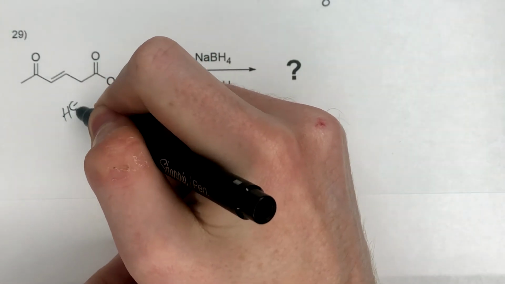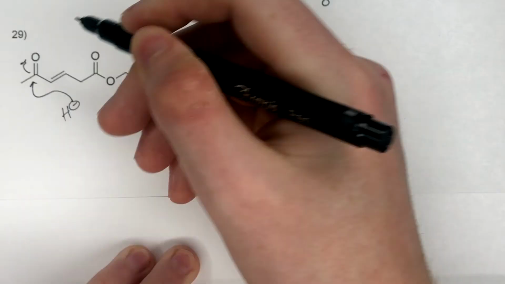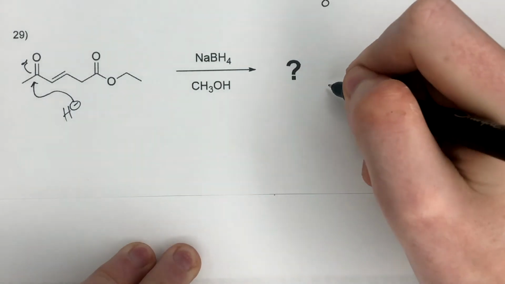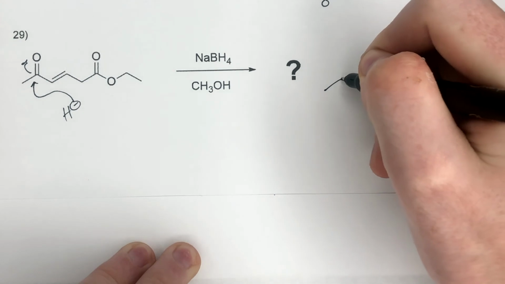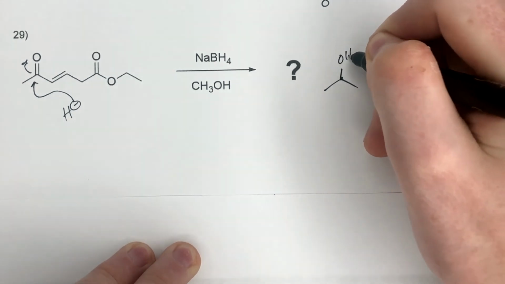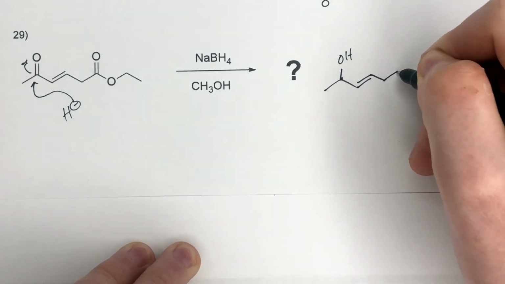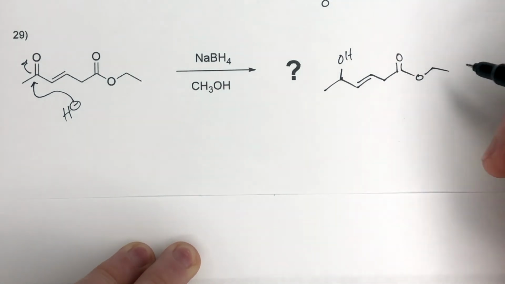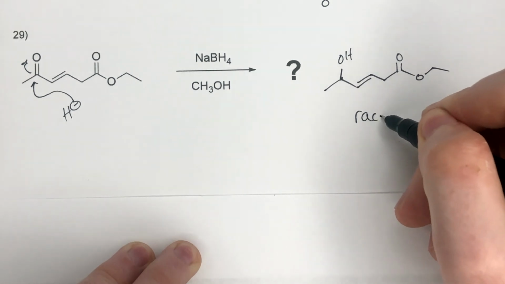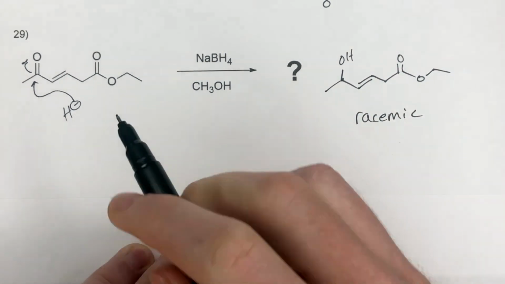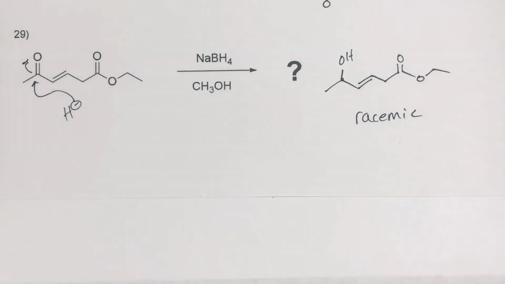So all we're going to reduce is the ketone, which is relatively reactive compared to the ester, excuse me. So this is your final product. It has to be racemic because, again, you started with an achiral starting material.